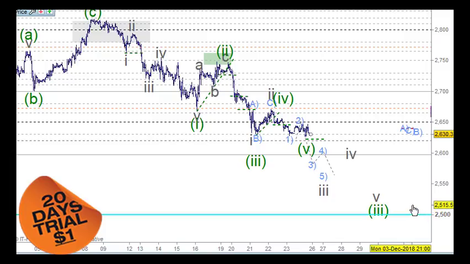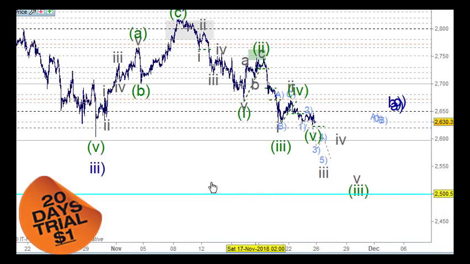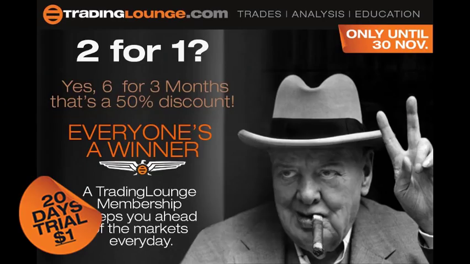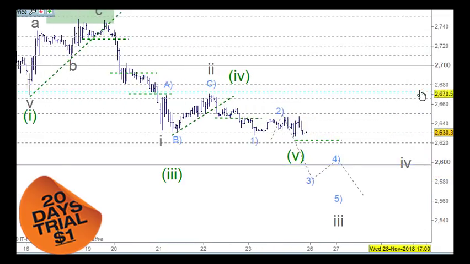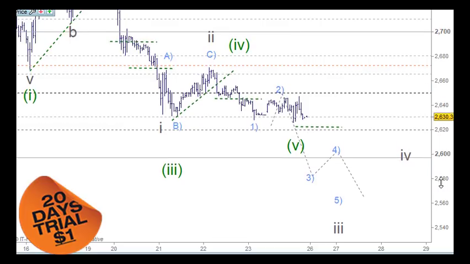But as I mentioned, there's kind of 2 counts here, but this count here of 1 and 2 and 3 and 4 and 5, a diminishing 5-wave structure is possible, but we haven't really made a new low here. But coming into this low here, things can squash up a little bit and get a bit messy.